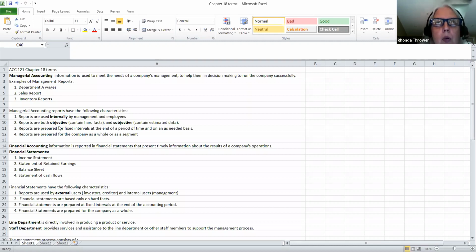For example, a report that we use internally that management would be interested in is budgets that we would prepare for maybe our sales or our production types of budgets. But these budgets contain estimated data in them. So managerial reports can contain both objective and subjective information.